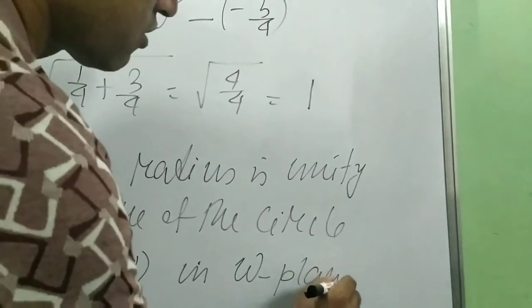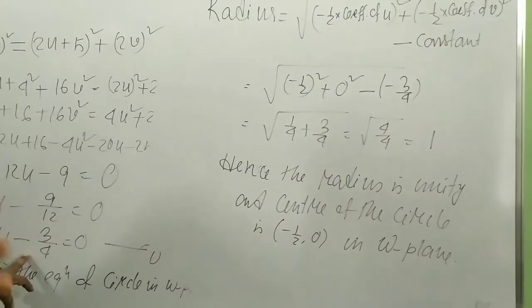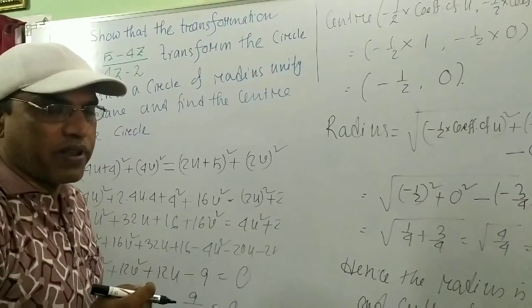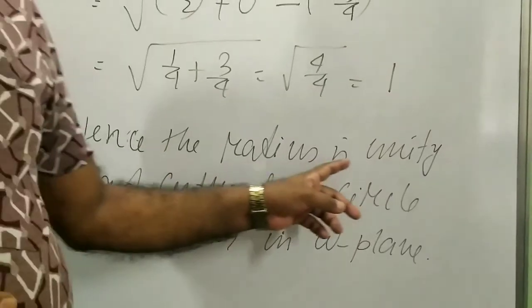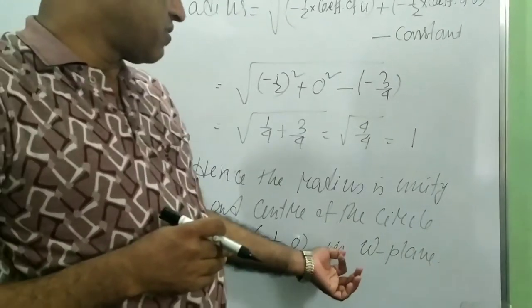W plane means our equation is in terms of u and v, so these lie in the W plane.